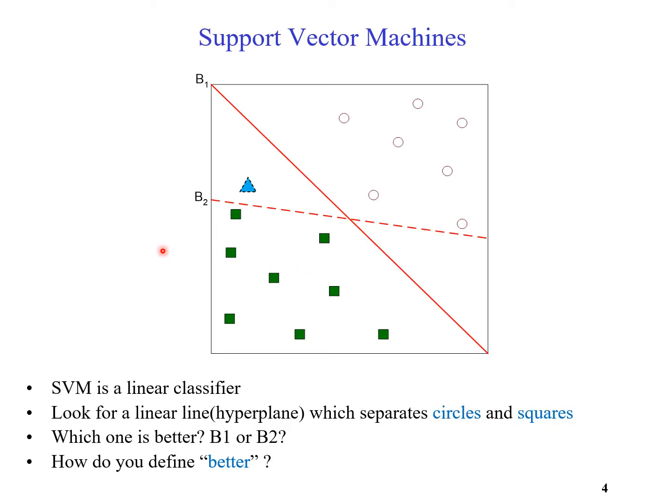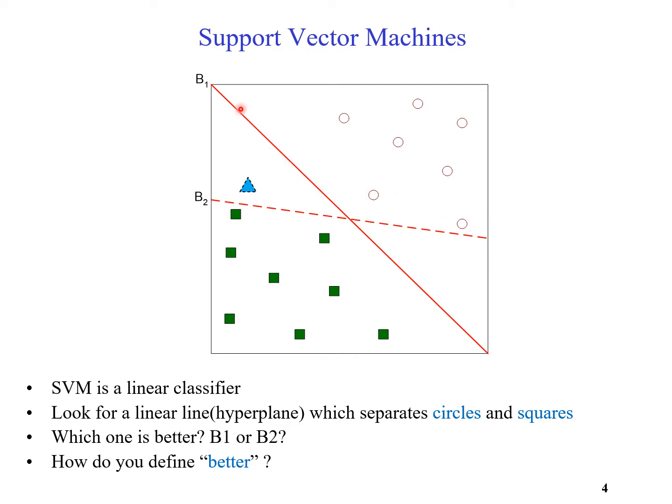So SVM is a linear classifier, which means SVM is a straight line like this or like this. And the goal of SVM is to find a straight line which divides different class values, in this case squares or circles.